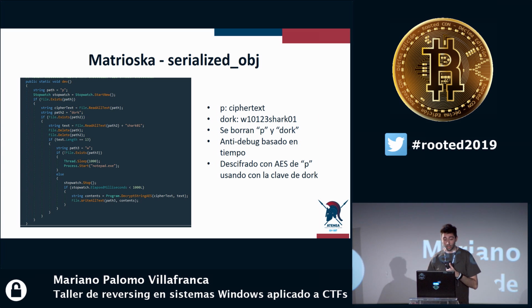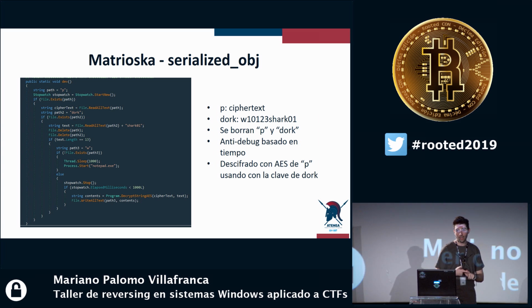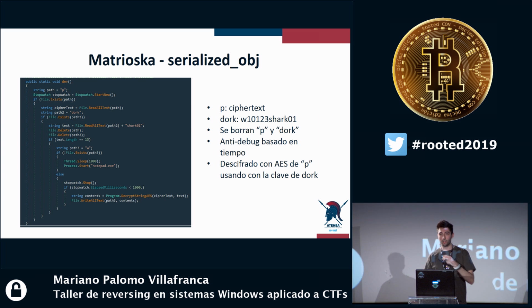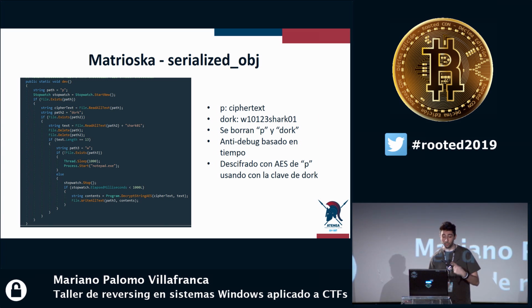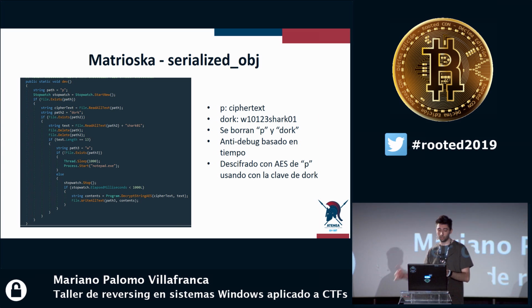So it checks P and doc, created by the PowerShell file with the variable having applied the export of what has been included in the program, and to the content, to the W10, they have as an appendix the string shark01. And then there is a variable attributed, and the P and dog files are deleted.